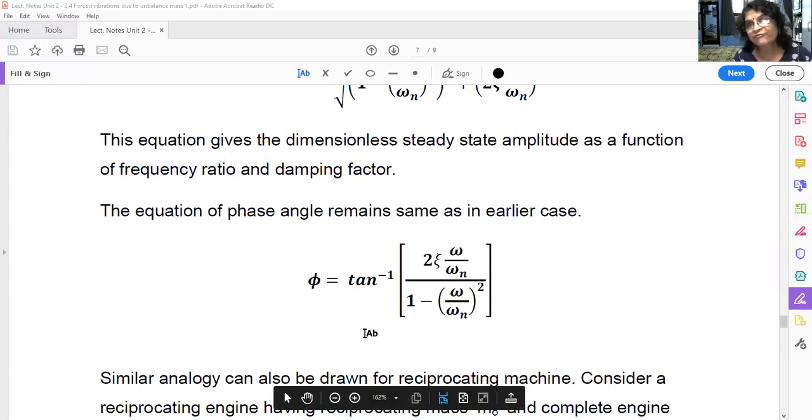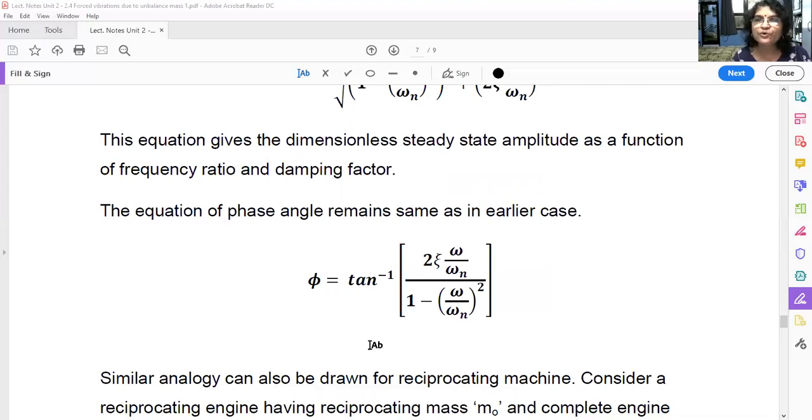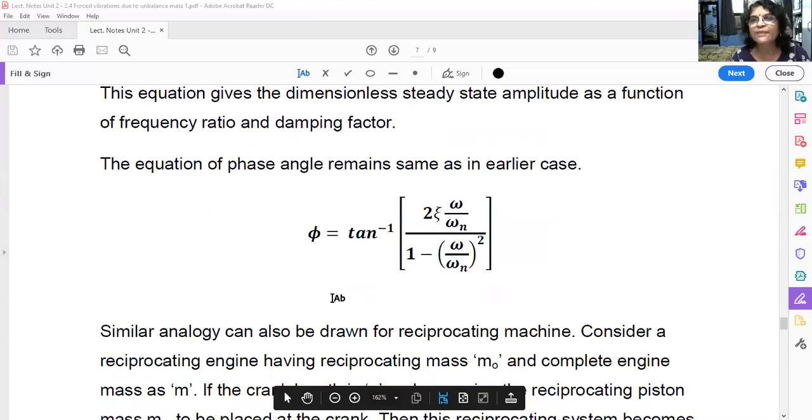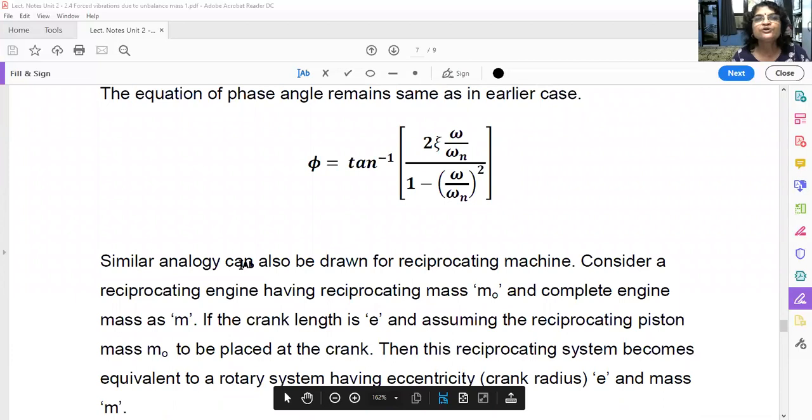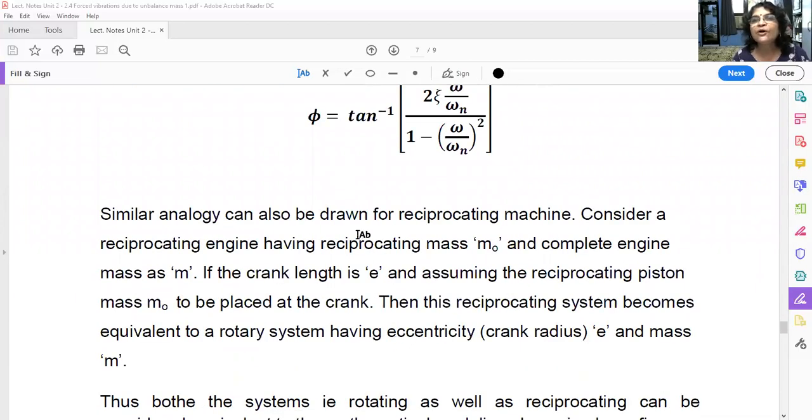This we have studied in forced vibration due to external excitation. Phi is equal to tan inverse of 2 zeta omega upon omega n upon 1 minus omega upon omega n whole squared. The same expression is true for this case also. So phi doesn't change. Phi is going to remain the same. Okay. So a similar analogy can be drawn for a reciprocating machine.